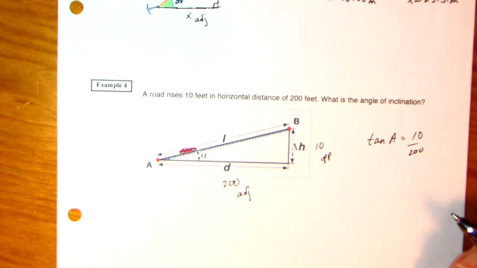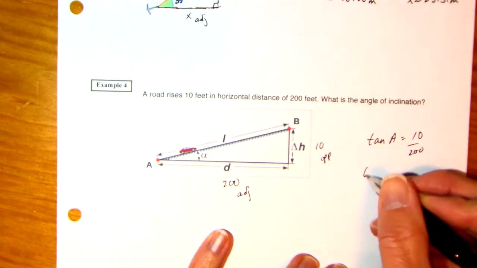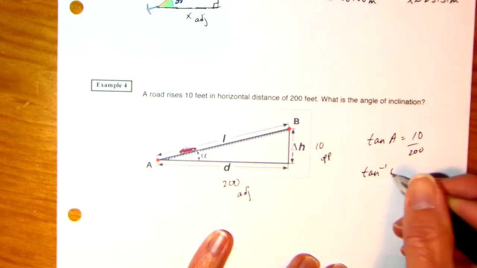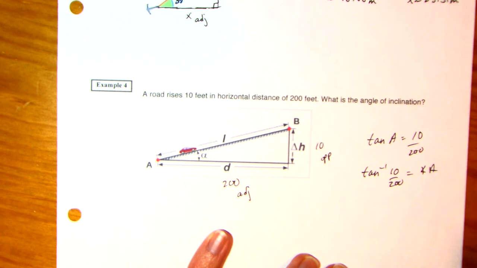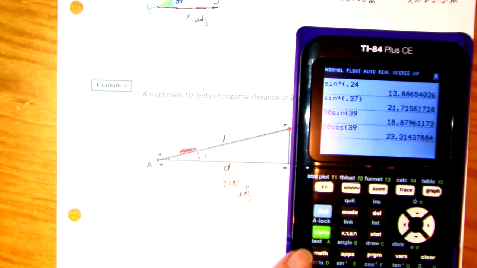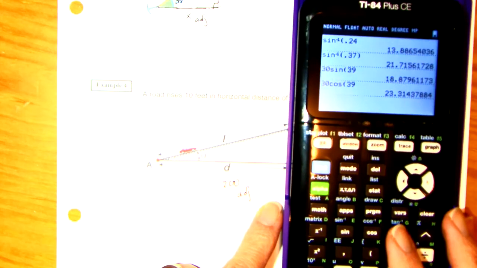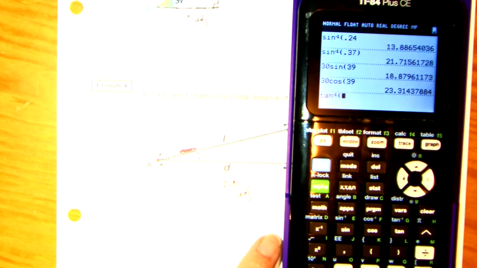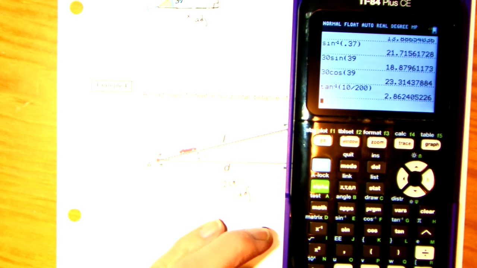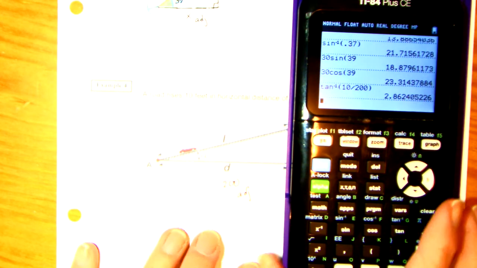Well, I want to find the angle. So tangent inverse of 10 over 200 is equal to angle A. So second tan of 10 divided by 200. So it's about 2.86 degrees.